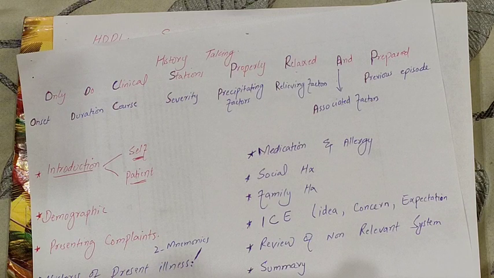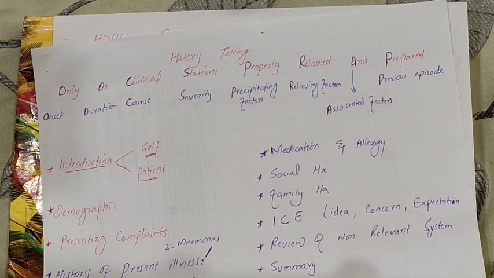This is the general pattern everybody is using these days in exams, and you can even use it in your wards, in your general life. But in MRCS it really helps, and it helps me personally very much, and that's why I'm telling you all these things. Okay, so this was about history taking.